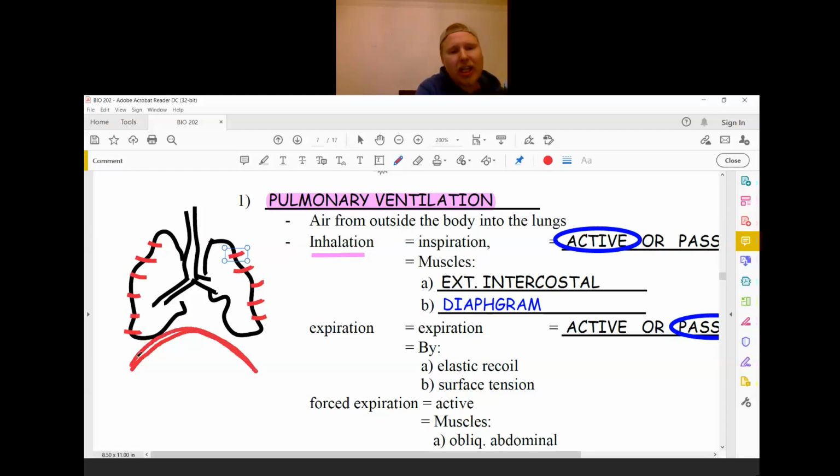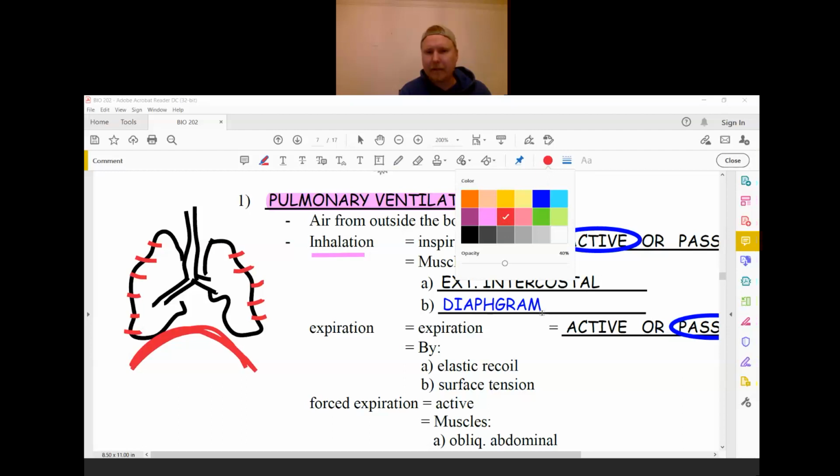This is the thin sheet-like muscle that we see separating the thoracic and abdominal cavity. Let's add that here. And it is the diaphragm that is the main respiratory muscle that I wanted to discuss a little bit with you.